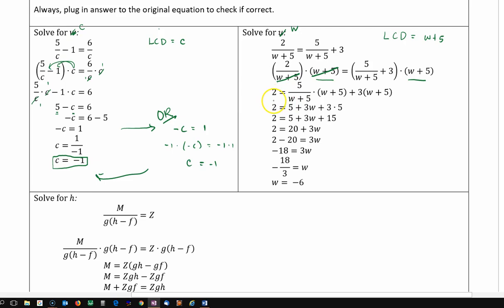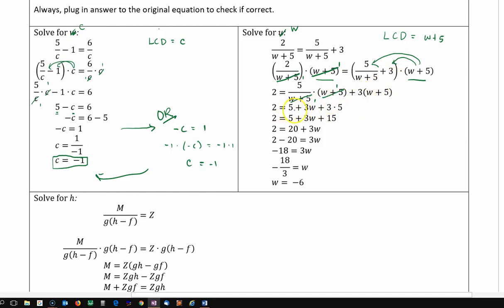So you're left with 2 on the left-hand side. Over here, parentheses are an obstacle, so we distribute the W plus 5. 5 over W plus 5 times W plus 5. Note, we can cancel the W plus 5. It's a 1. By the way, don't forget to write the 1 there.